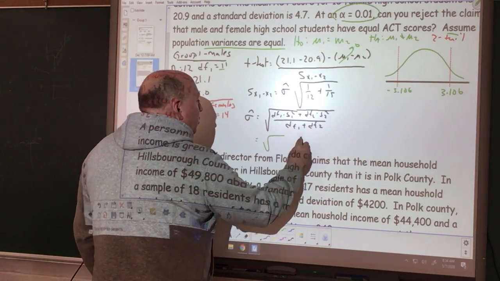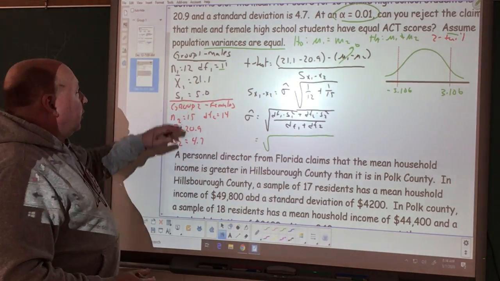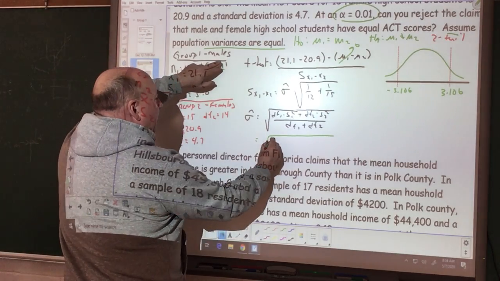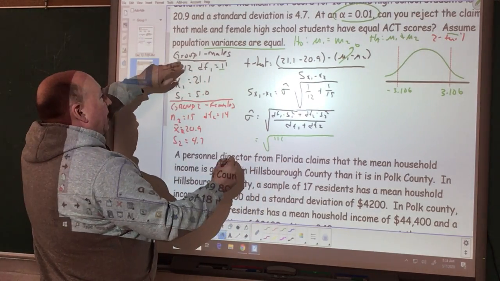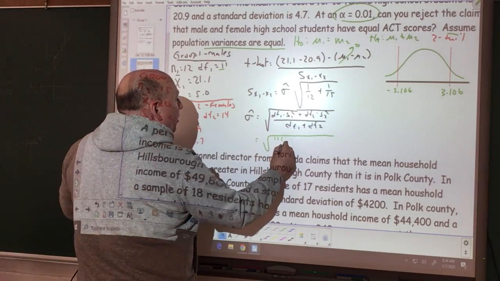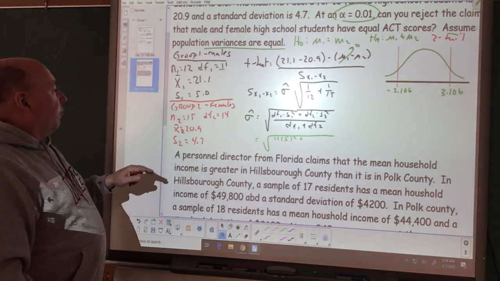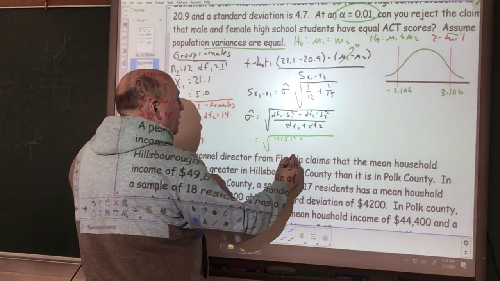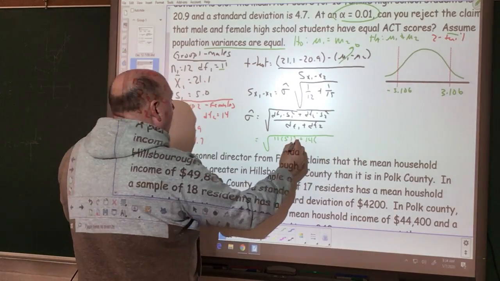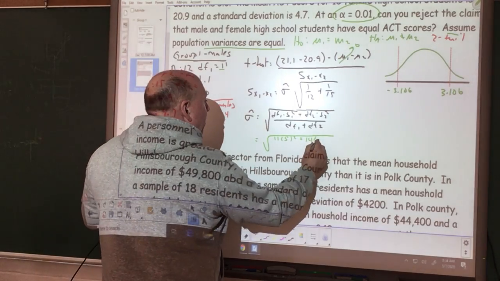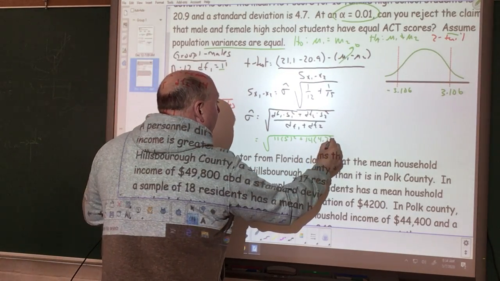So we have the square root. Degree of freedom 1, which is 11, times my variance, which is 5 squared, plus degree of freedom 2, which is 14, times 4.7 squared, don't forget to square it.